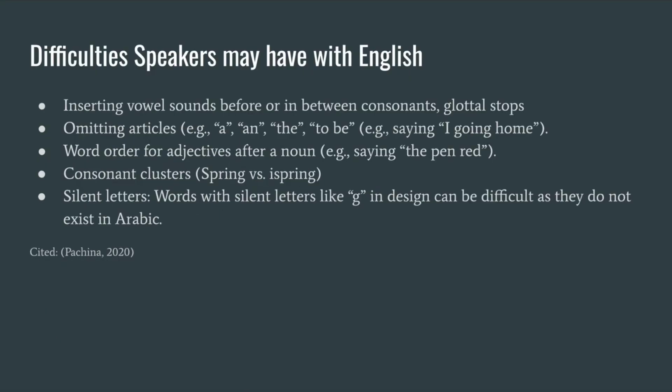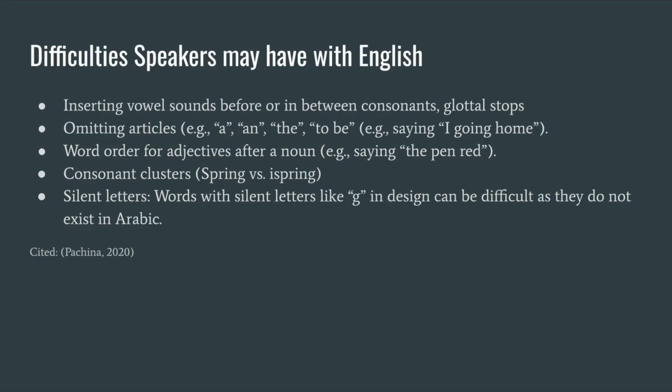On our next slide are continued difficulties that English speakers may have. Arabic speakers tend to add vowel sounds before or in between their consonant sounds by creating those glottal stops that were mentioned. Also, consonant clusters do not exist in Arabic, so a word like spring that has that tri-blend of SPR is not something found in Arabic, so students may add a vowel in front of it and pronounce it as ispring.